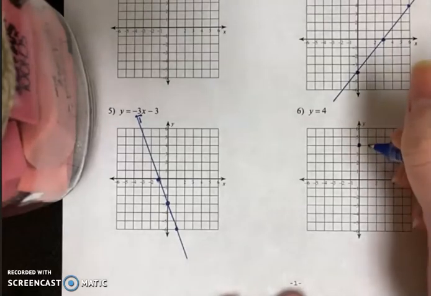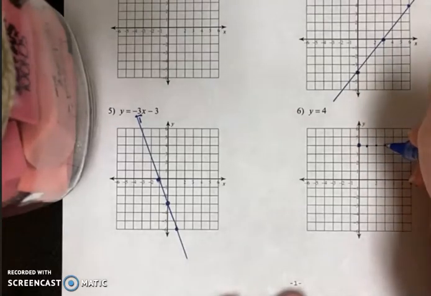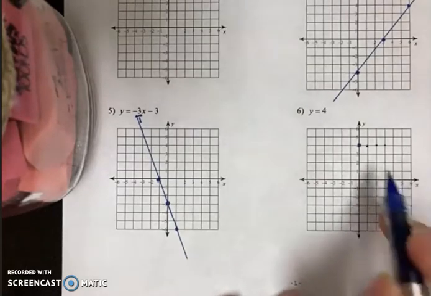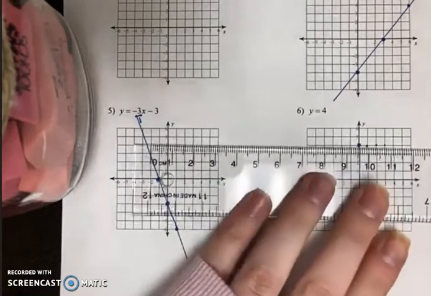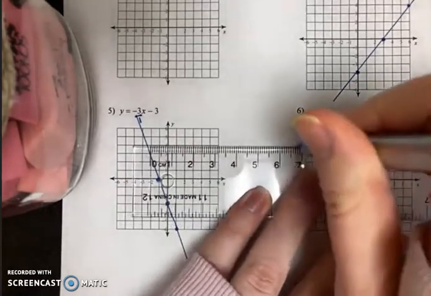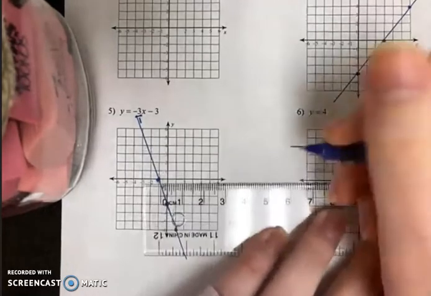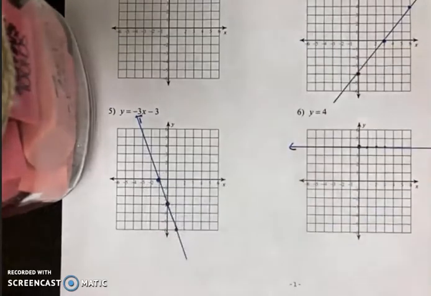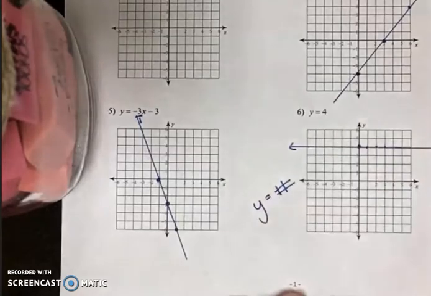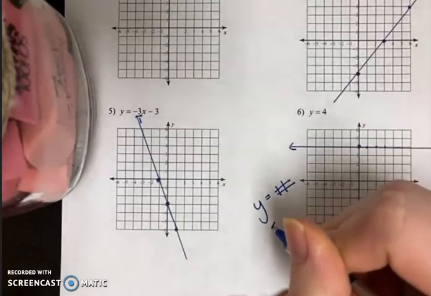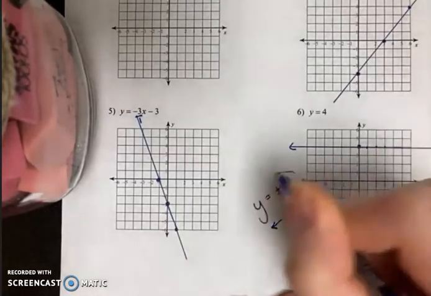So at 1 it will be 4, at 2 it'll be 4, at 3 it'll be 4, so on and so forth. All of these values will always have a y value of 4. So whenever you have, and I want you to make a note of this, whenever you have y equals a number, you're going to have a horizontal line.